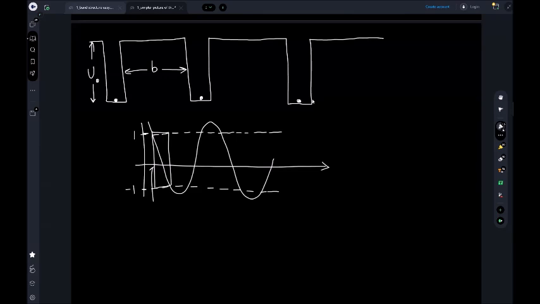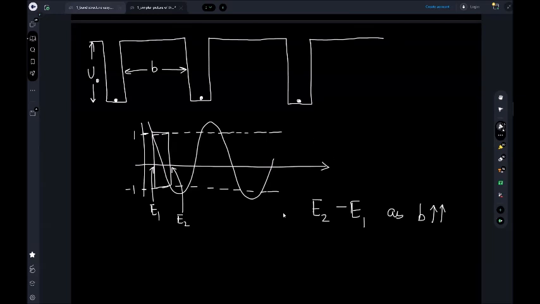Let's call this energy here E1, and this energy here, I'm going to call it E2. So my question is, what happens to the separation between E2 and E1, that is E2 minus E1, as b, that is the separation between atoms, is increased? I want you to think about it for a moment and come up with an answer, and let's see what you think.